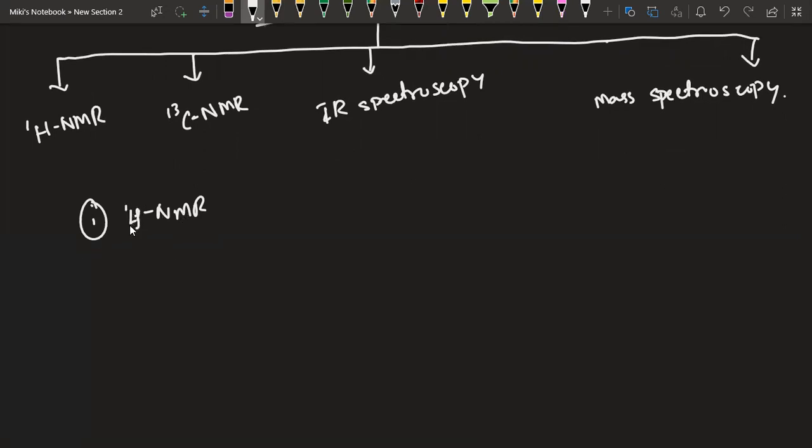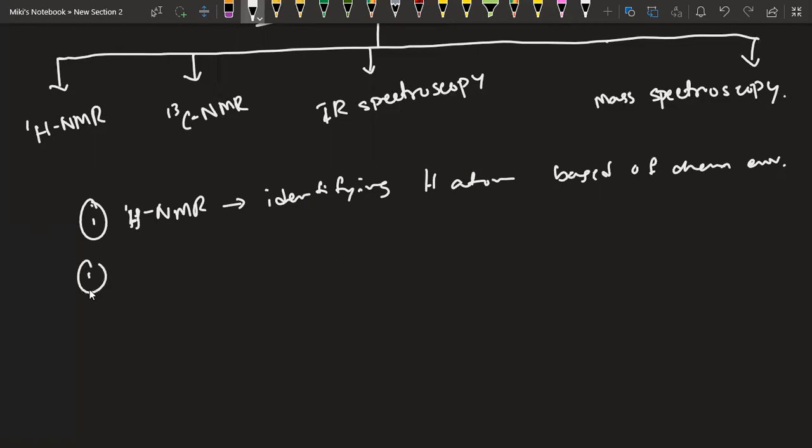That's why it is named HNMR. So this is identifying H atoms based on the chemical environment.